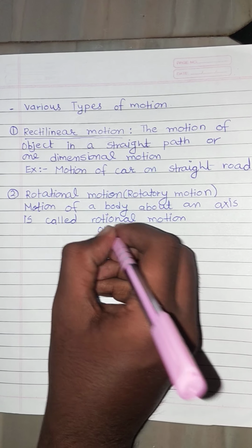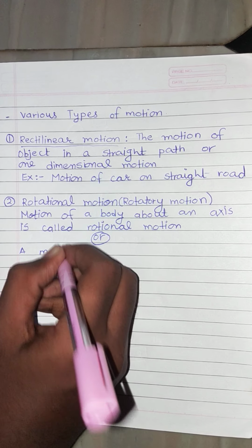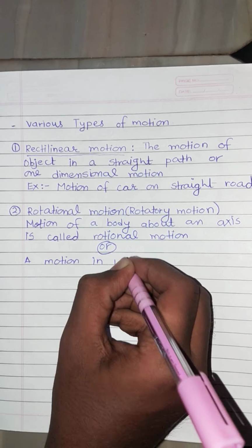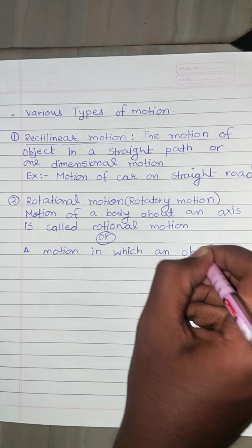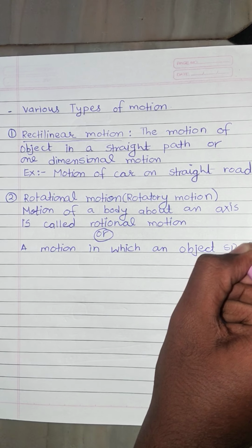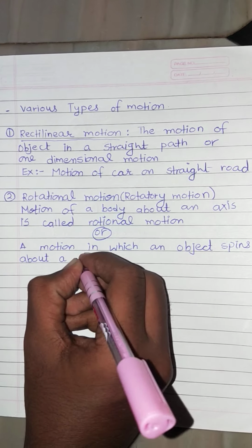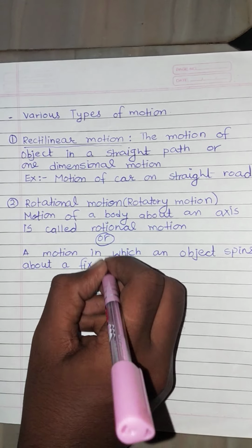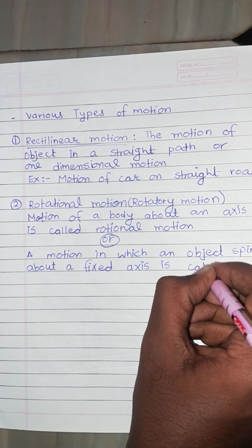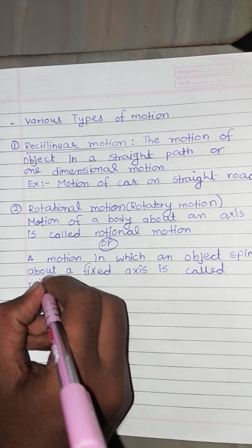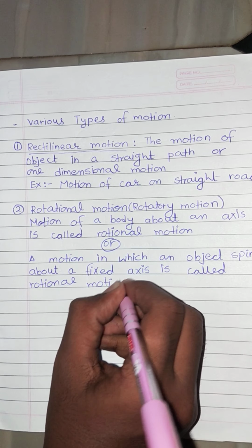or this can be also defined as a motion in which an object spins about a fixed axis is called rotational motion or rotatory motion.